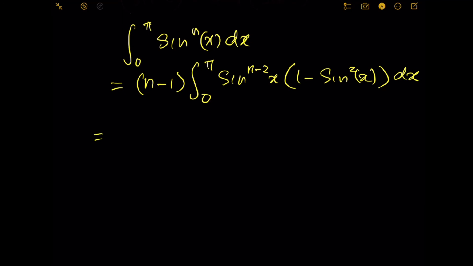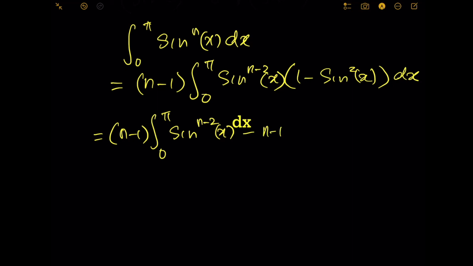which is equal to n minus 1 integral 0 to pi sine power n minus 2x multiply 1, which is still the same, sine x power n minus 2, and then there is a minus n minus 1 integral 0 to pi sine power n minus 2 multiply sine power 2, which means the power is sine n minus 2 plus 2, which is just n, and then x dx.